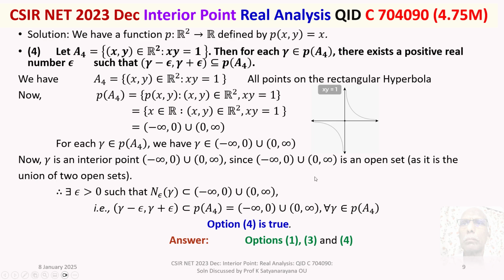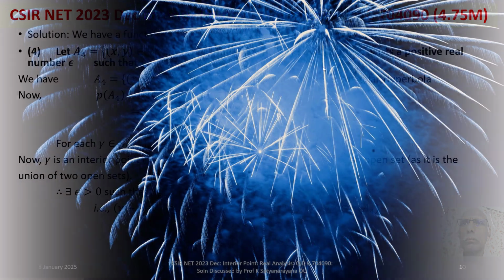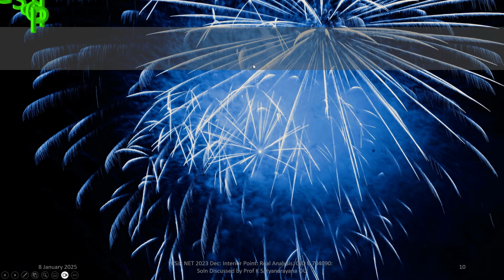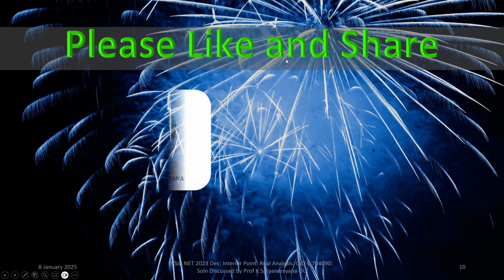Then whether P of Ai, i equal to 1, 2, 3, 4, is an open set or not, that matters. That's the only question. But that is given in terms of the epsilon and the open neighborhood and so on and so forth. That is the detailed discussion of this question.